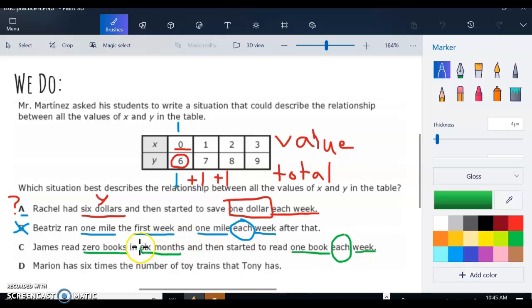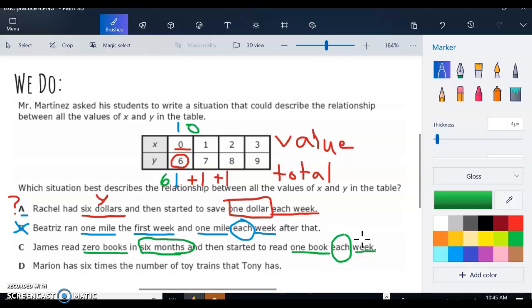He has 0 books in 6 months, well, that adds up. Our first 2 values are 0 and 6 for this particular problem. However, if you keep reading, it says he then started to read 1 book each week. You see there, the time value has changed.